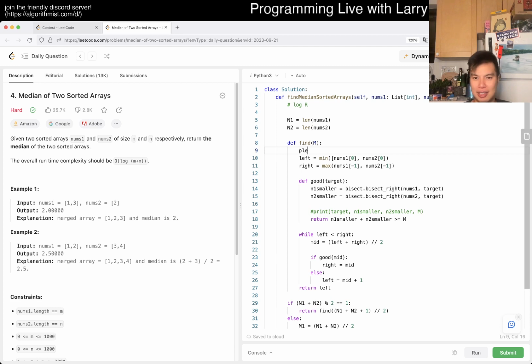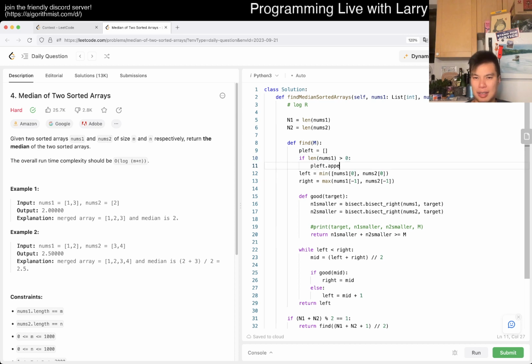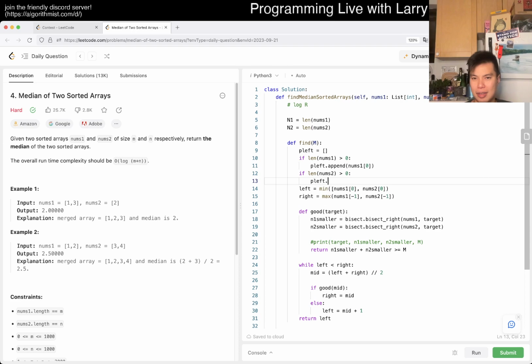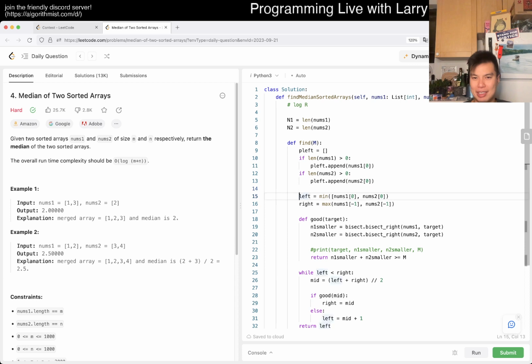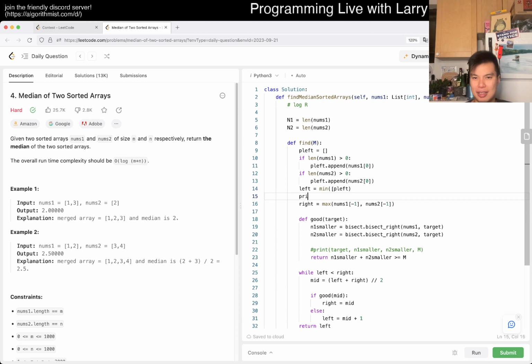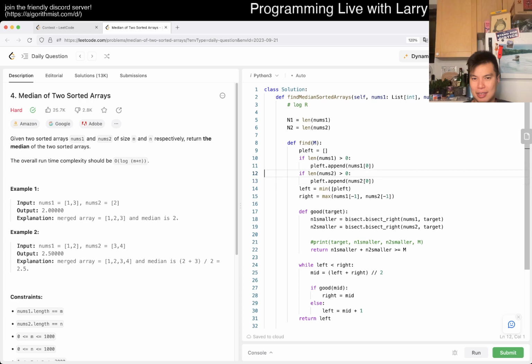Okay, this is so silly. Let me know if there's an easy way to write this. There probably is. I don't know. But, okay. Yeah, I guess I can just do.